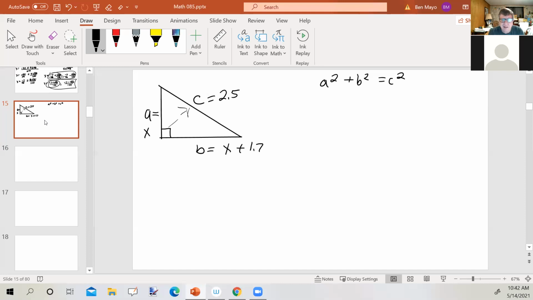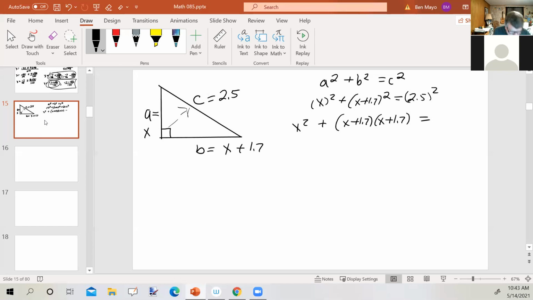Okay, so a is x, b is x plus 1.7, and c is 2.5.